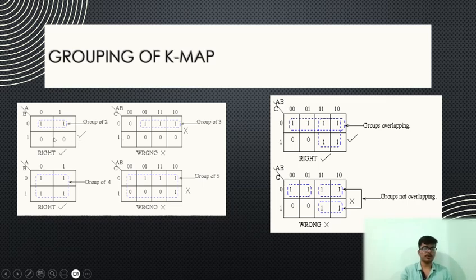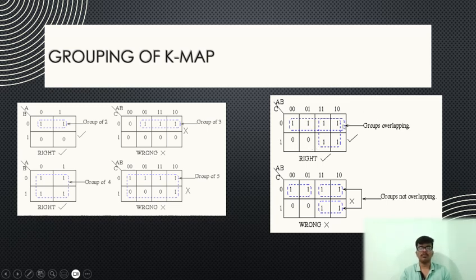Here in these K-maps, in the two variable K-map, this 1 and 1 form a pair, which is a correct way to do a grouping. In another example for a two variable K-map, here the ones form a quad, and this is also a correct representation. And this is a wrong representation, as it is not a power of 2, and a group of 3 cannot be a representation in a K-map.